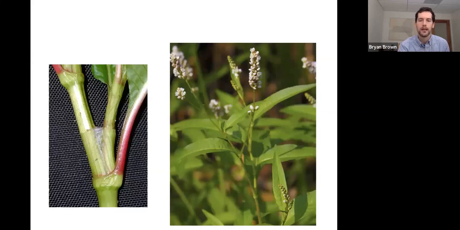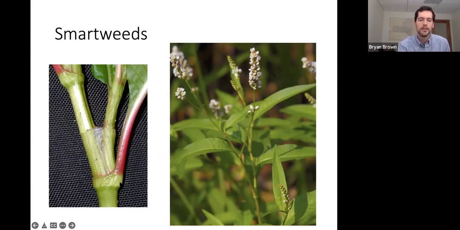Okay, next weed. This is more of a group of weeds that I'm including here. The Smartweeds. So Smartweeds, including pale Smartweed, Pennsylvania Smartweed, lady's thumb. Some of these have a mark on their leaf about halfway.